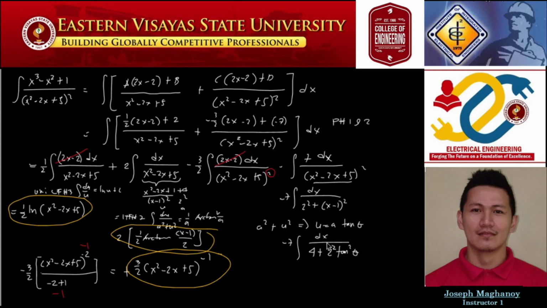Of course, we still have dx. It means that we need to apply our property number 3. We need to determine the derivative of tangent. So we assume x minus 1 is equal to 2 tangent theta, and if we get the dx, that is 2 secant squared theta d theta.